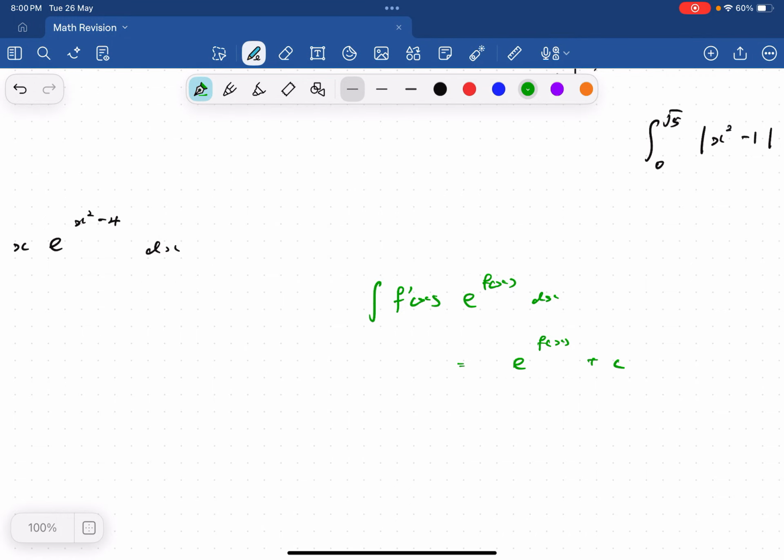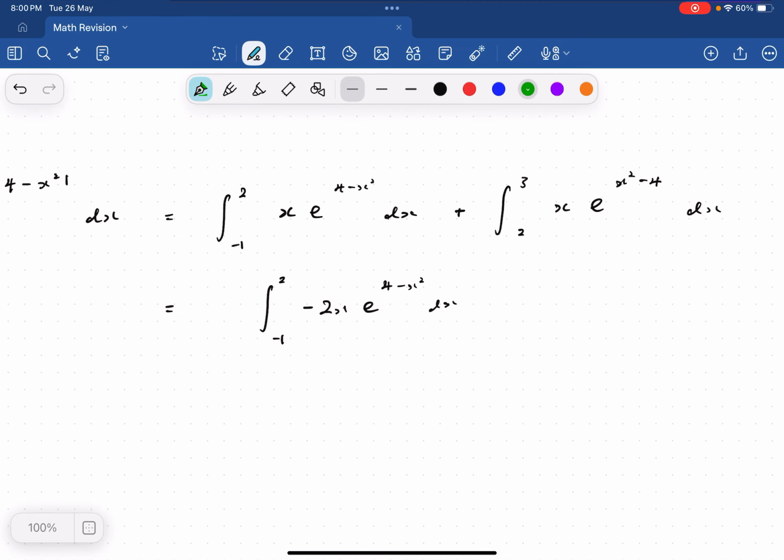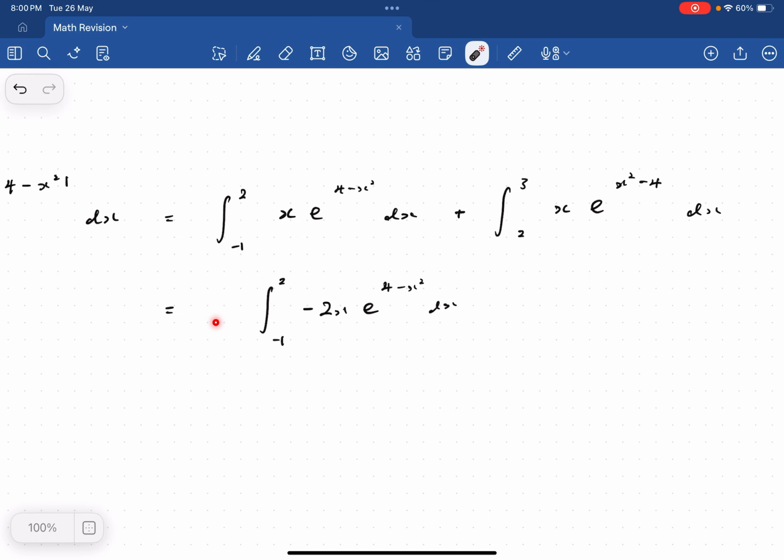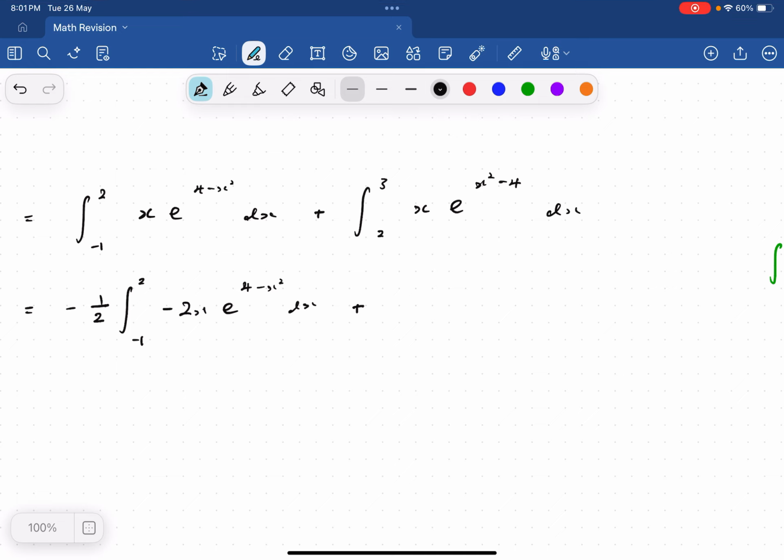I think we've seen this a couple of times in episodes 1 and 2. I'm trying to take some kind of constant out, then only can I rewrite what's inside the integral into one of the standard forms. So if I change this x to minus 2x, outside I need to put a minus half, right? Yes, minus half. And then here once again, if my f x is the power of the e, I want to write f prime x.